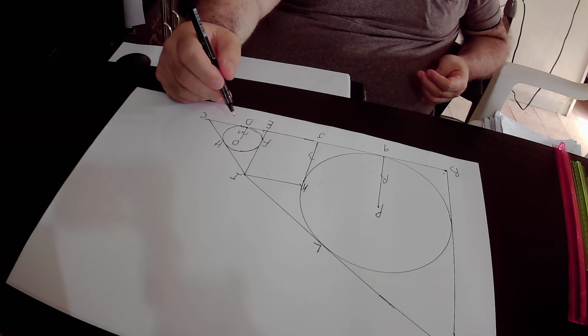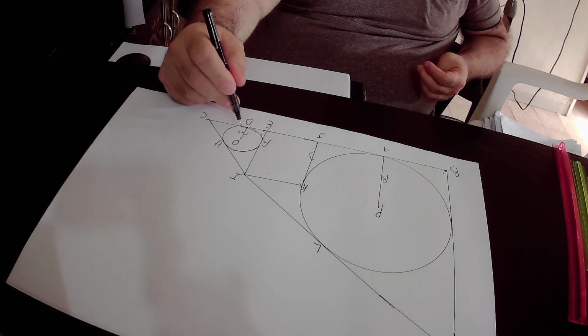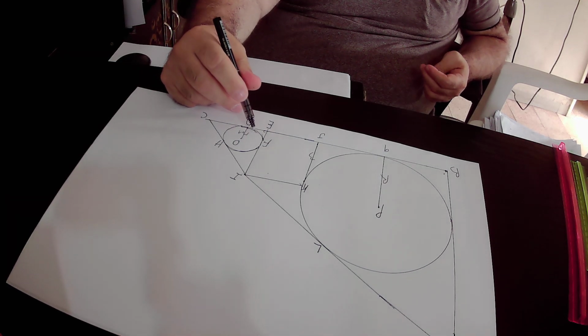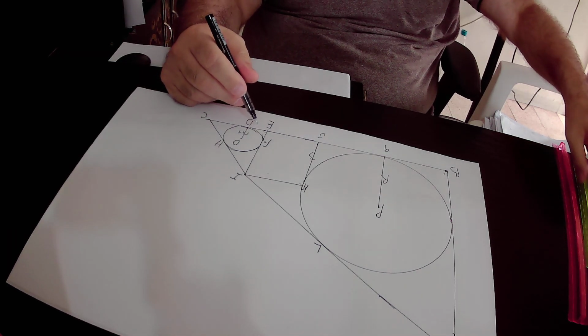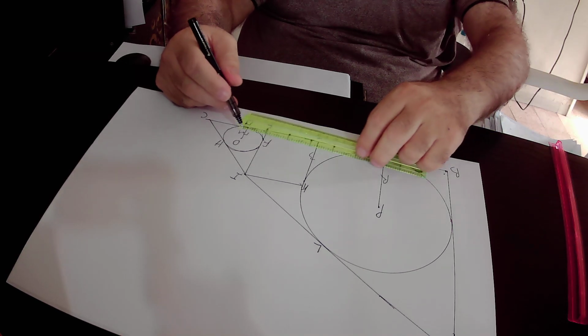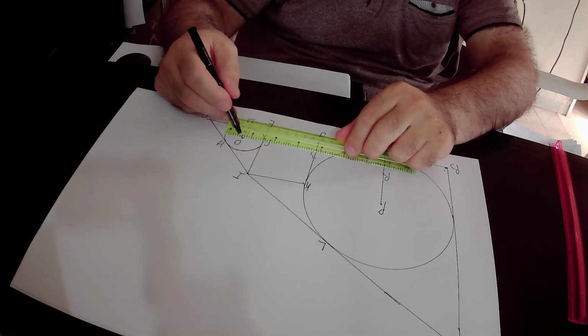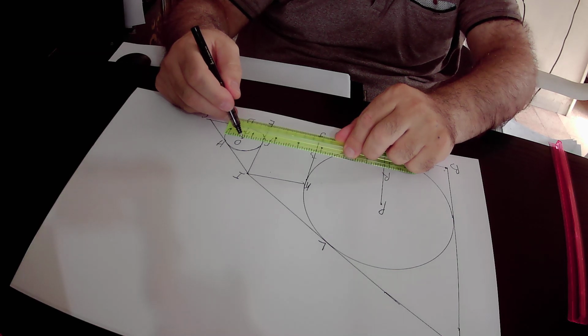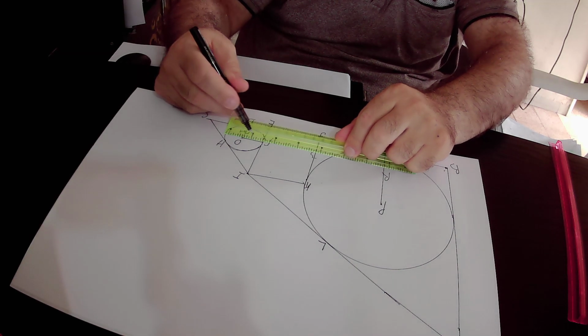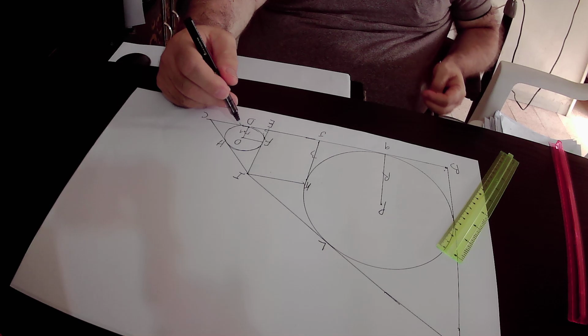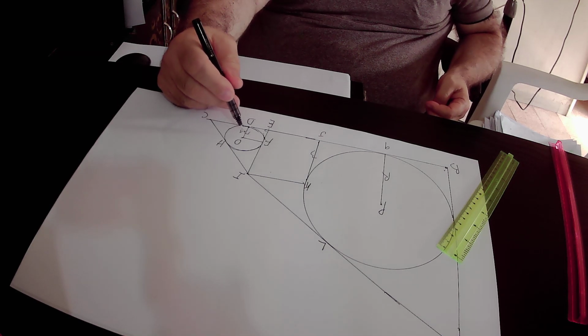We join points O and F together by a straight line. Point O is the center of the circle.